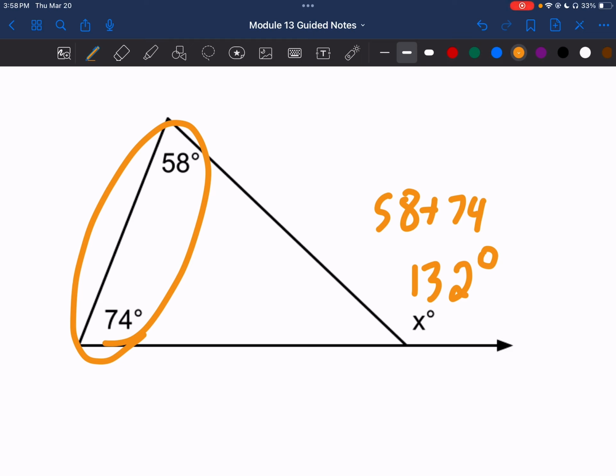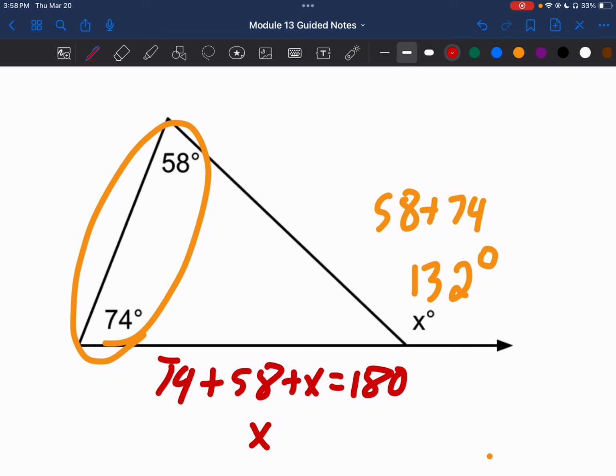Now, could we do this another way? Yes, you could find what the third angle is in the triangle using the triangle sum theorem. If we did 74 plus 58 plus x equals 180, we would find that x is going to be equal to 48.